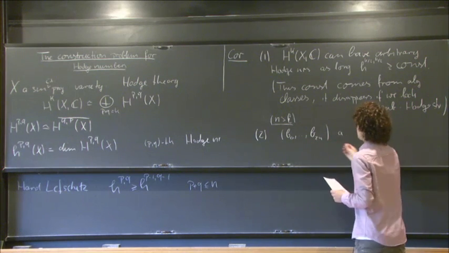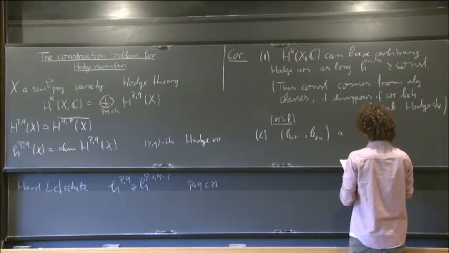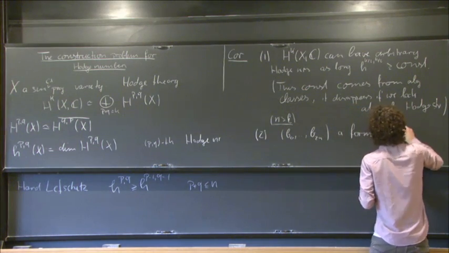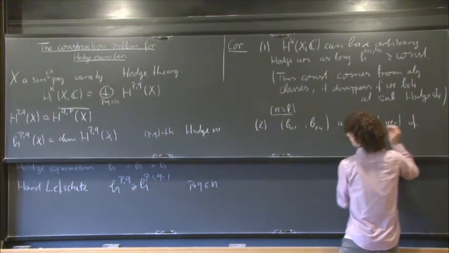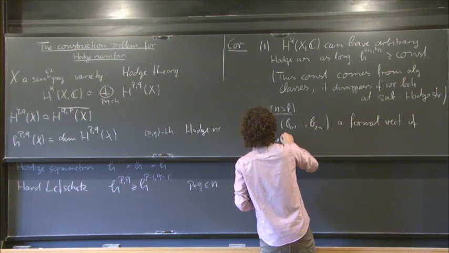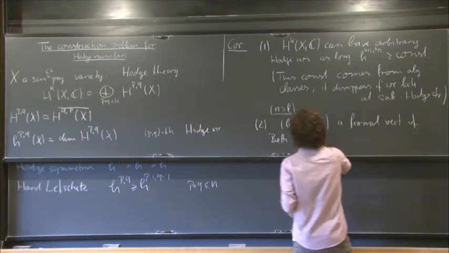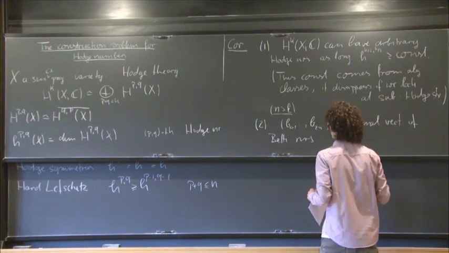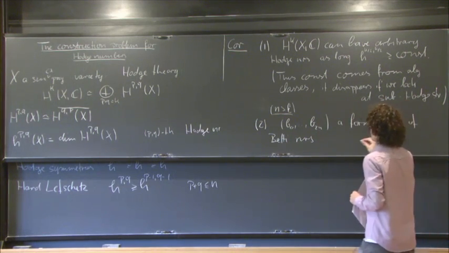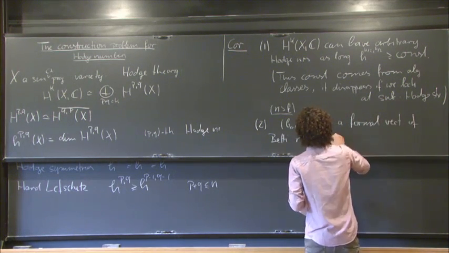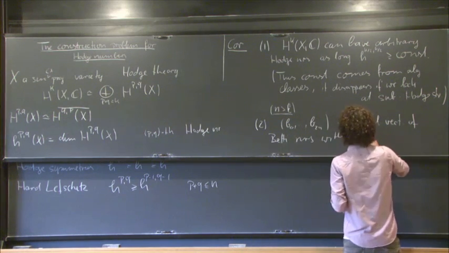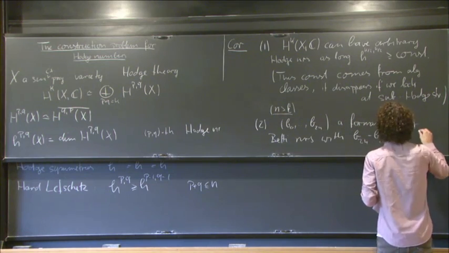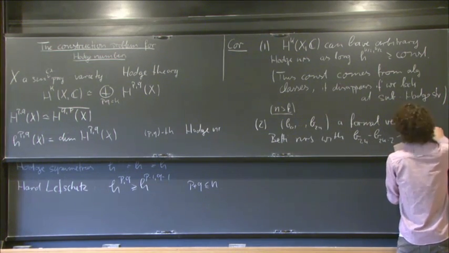Okay, then the second corollary. If we look at Betti numbers, say a formal vector of Betti numbers, meaning that the odd ones are even and they have to grow according to the Hard Lefschetz theorem. Well, then again, b_{2k} minus b_{2k-2} has to be larger or equal than a constant.